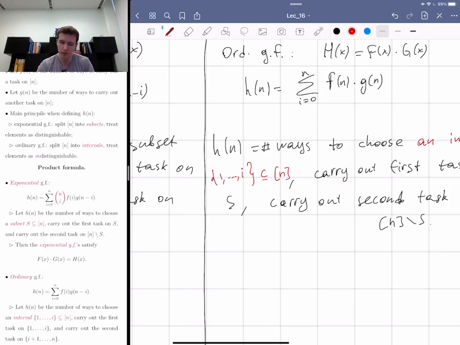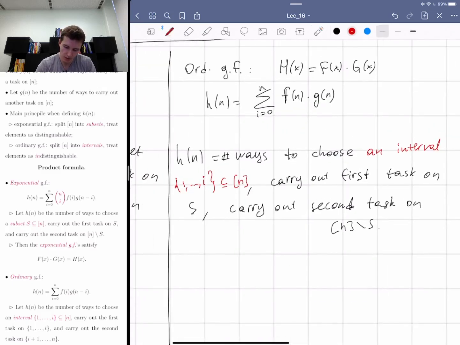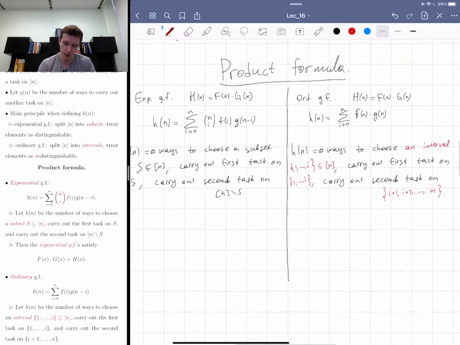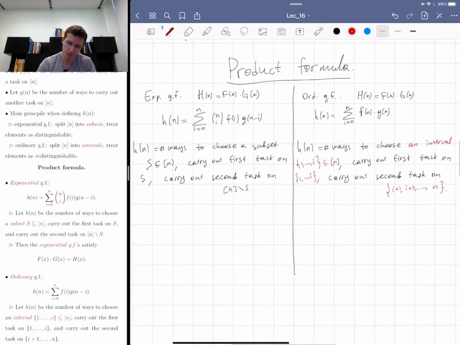It could be empty, because I goes from 0 to n, could be the whole thing. And then you carry out the first task on this interval, 1 all the way up to I, and then carry out the second task on the remaining interval, I plus 1, I plus 2, all the way up to n. So you see what I'm doing here: I'm just replacing subsets with intervals, and I get formulas for ordinary generating functions.